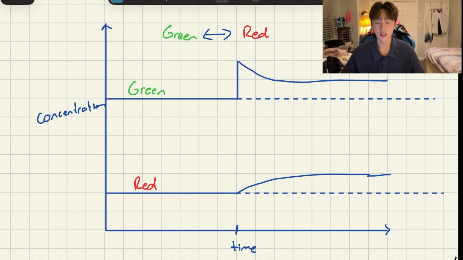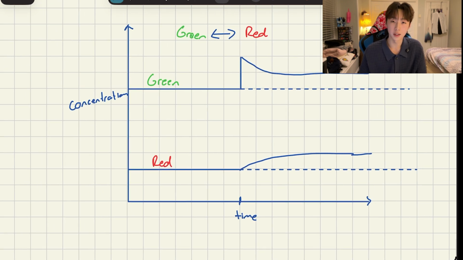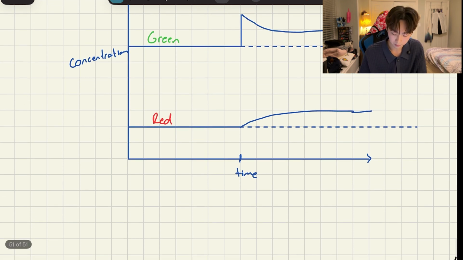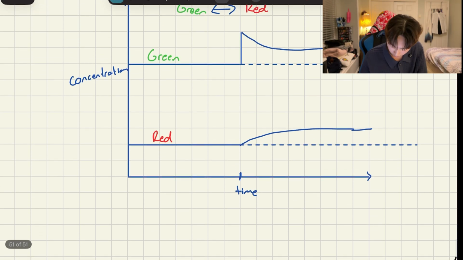But instead of Le Chatelier's principle, let's see what actually happens. So when I increase the concentration of green, we know that the forward reaction becomes greater than the reverse reaction because the reverse reaction doesn't change at that time. So here I'm going to say forward reaction rate is going to be greater than the reverse reaction rate.